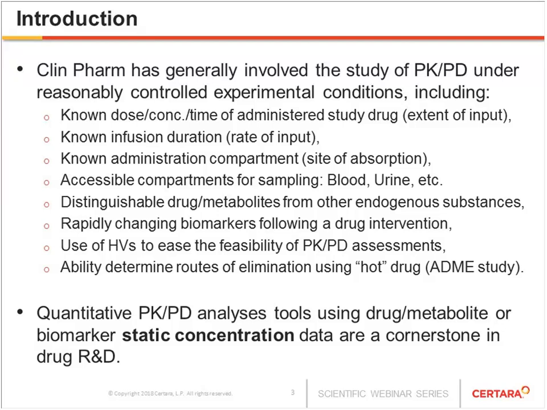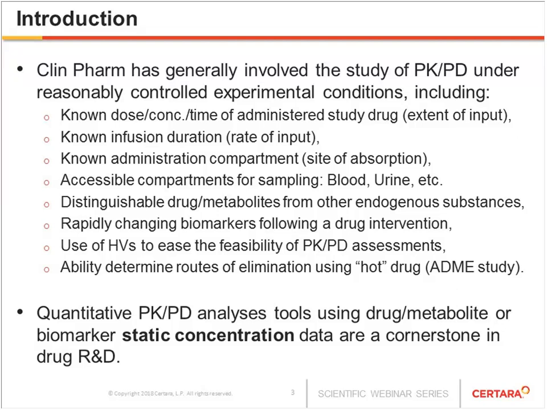Also, we oftentimes conduct our studies using sampling from relevant compartments like blood and urine, which are fairly accessible. We also measure in these compartments things like drug and metabolite concentrations, and can also measure concentrations of biomarkers.